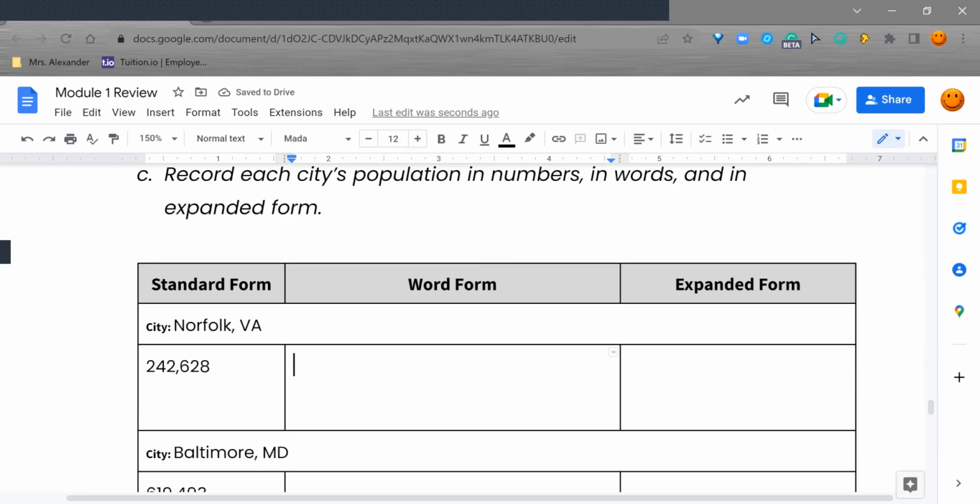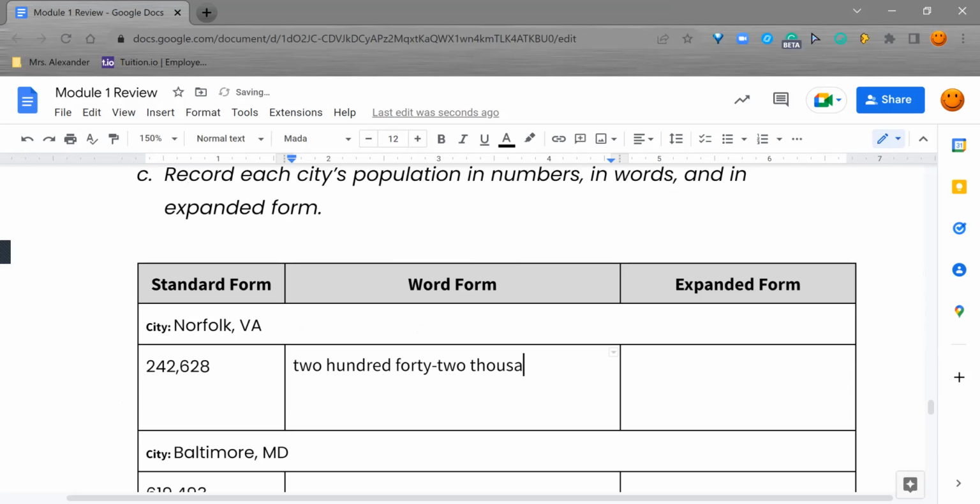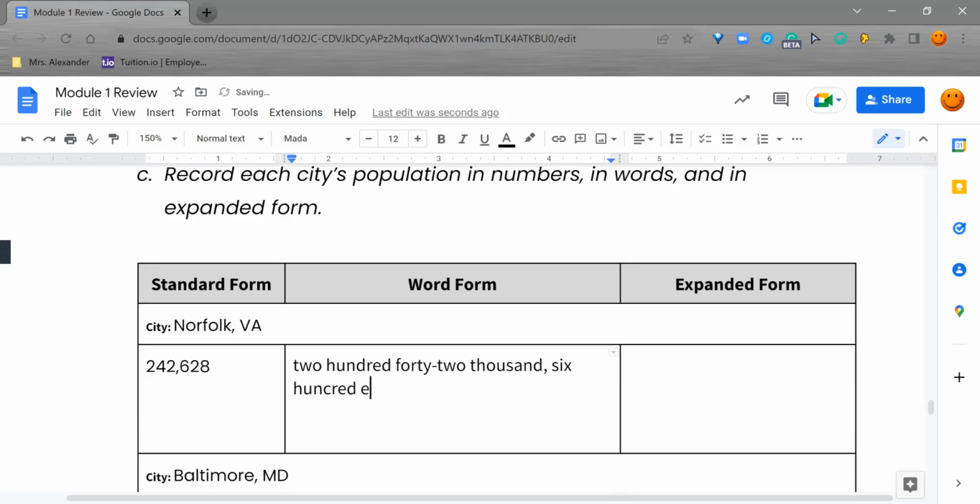Now we have to write it in word form. So we have 242,629.